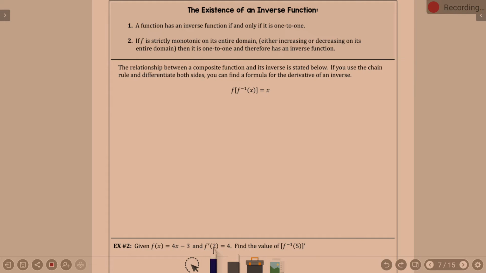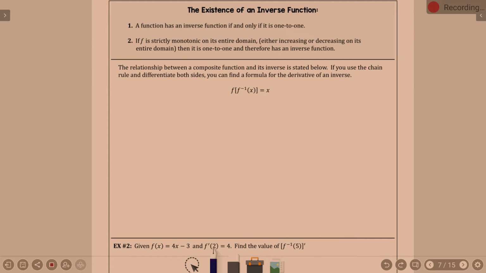If f is strictly monotonic on its entire domain, either strictly increasing or strictly decreasing, that's what is it? Monotonic. How do we pronounce that? I don't know.